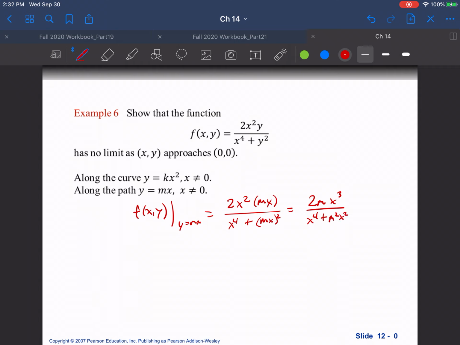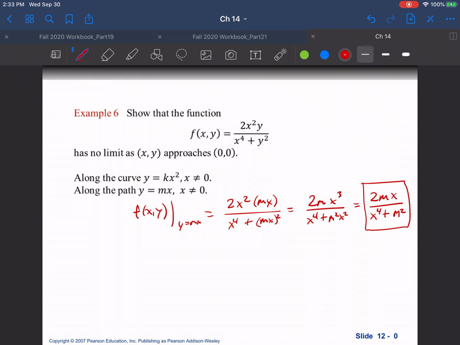We can cancel out an x squared from everything, and we end up with 2mx over x to the fourth plus m squared. If we look at that, we see that we don't have a constant here, but as we go along those curves, this is what our value approaches. And so if we take the limit of this as we go to 0, you notice that every time we get a limit of 0.